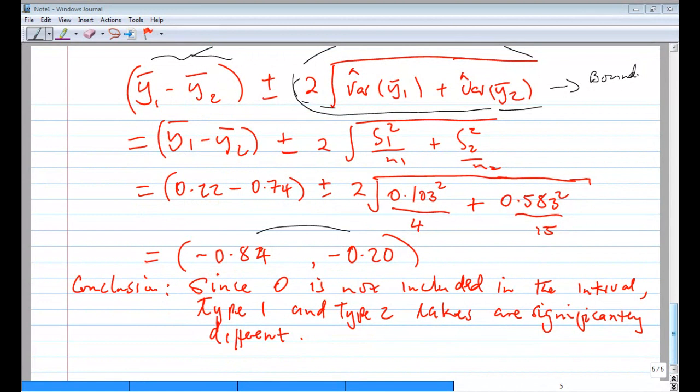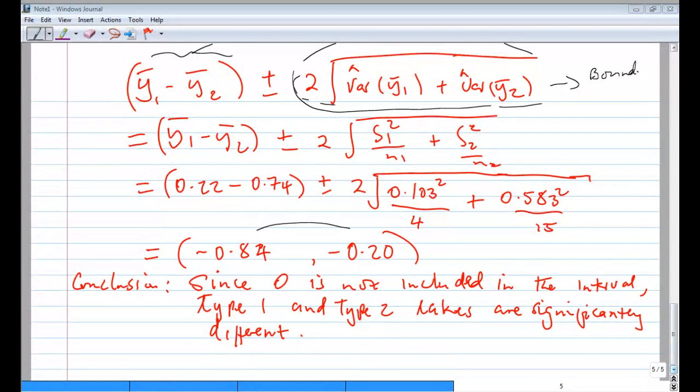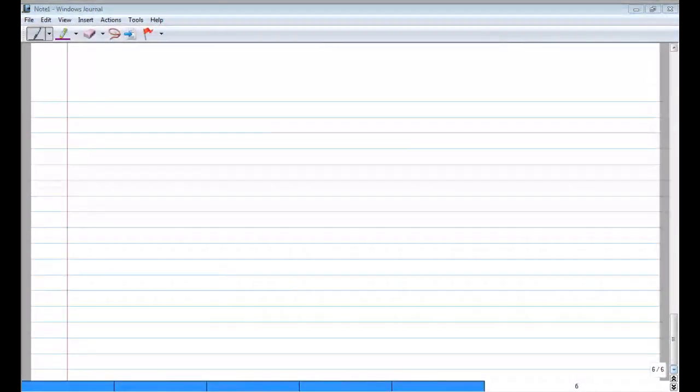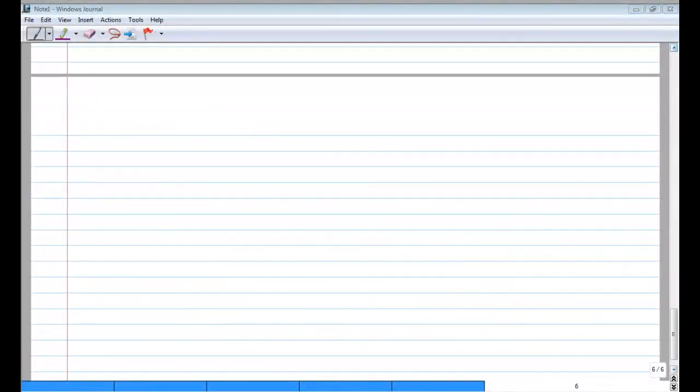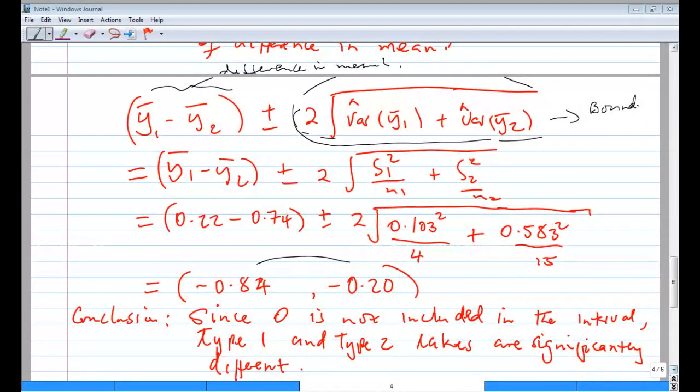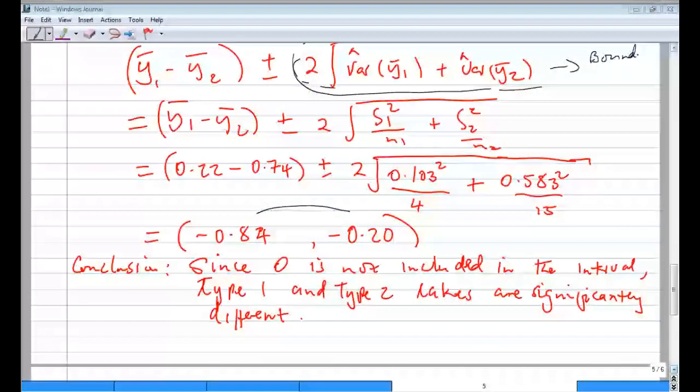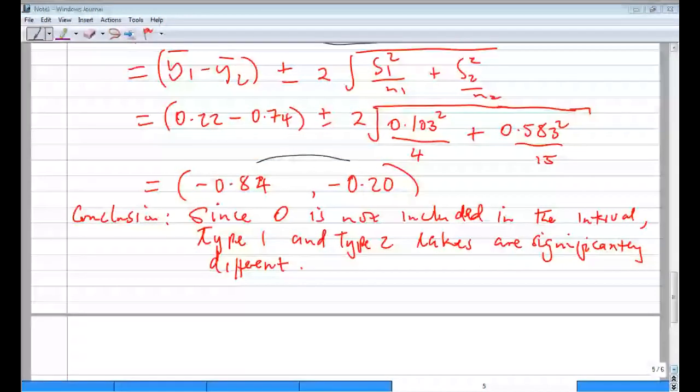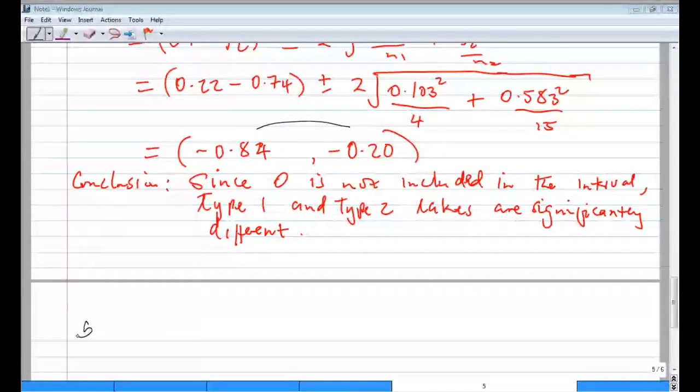Number B says, is there sufficient evidence to conclude that the mean level for lakes of type 2 differs from that for lakes of type 3? That's number B. Let me write it down.